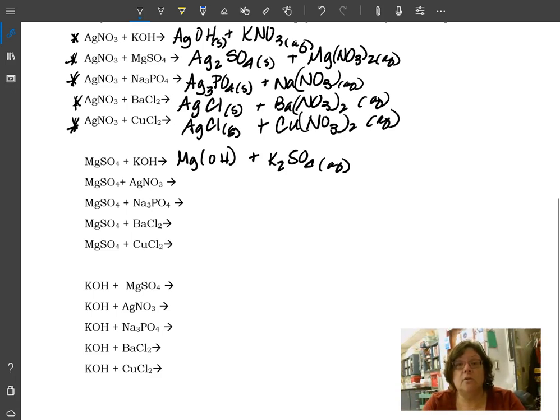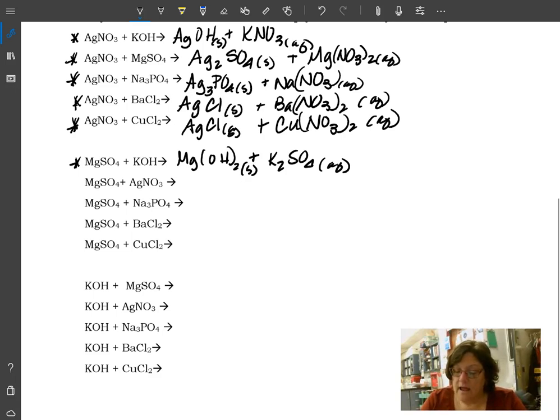The exceptions here are the big alkaline earth metals. Barium sulfate will dissolve, calcium sulfate, and strontium sulfate. I had to look at the periodic table. So magnesium hydroxide should precipitate. So this one should have a precipitate.